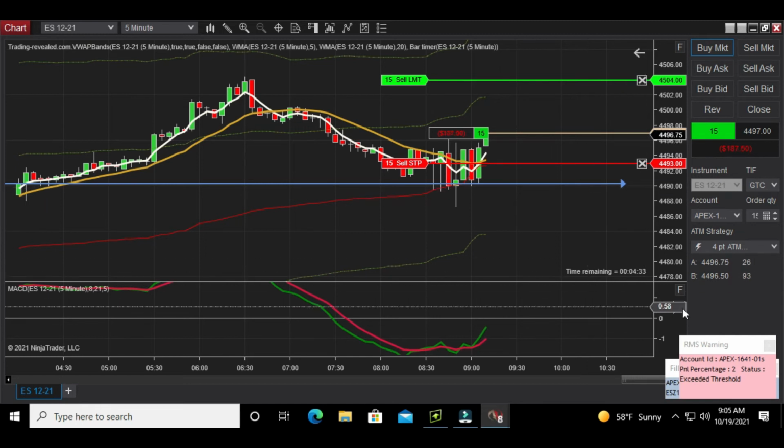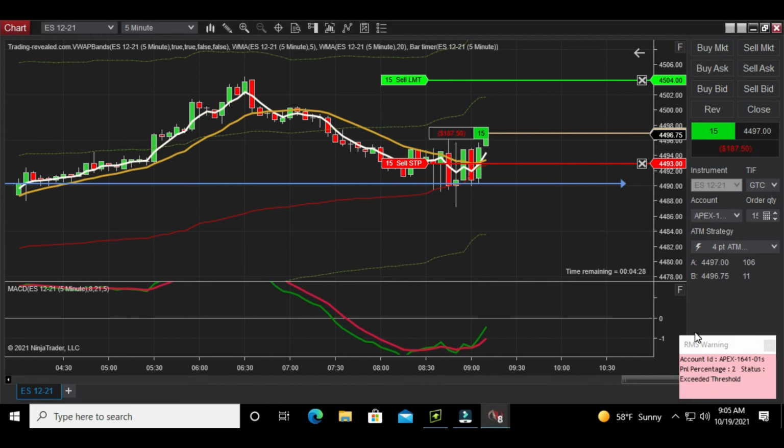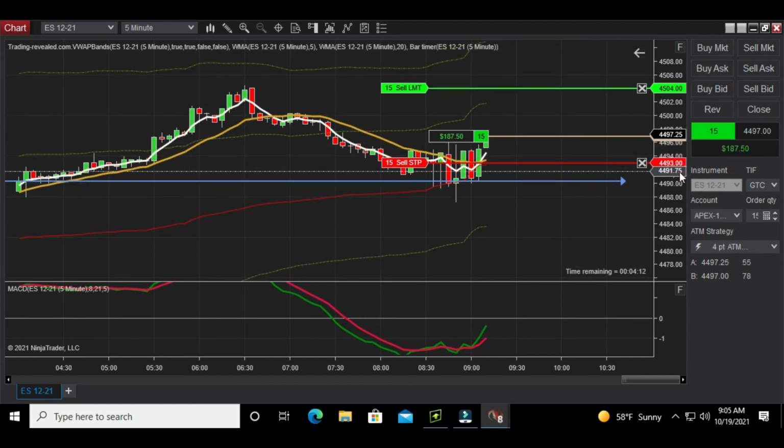But I thought I had some good price momentum, seeing the MACD, seeing the moving averages, plus that strong support at the blue line there. If I wasn't trading with 15 contracts, I definitely would have put my stop loss below that support zone. But it's all a risk.